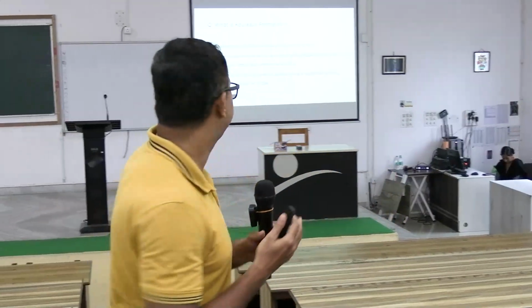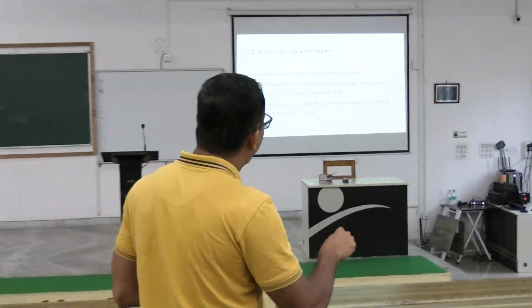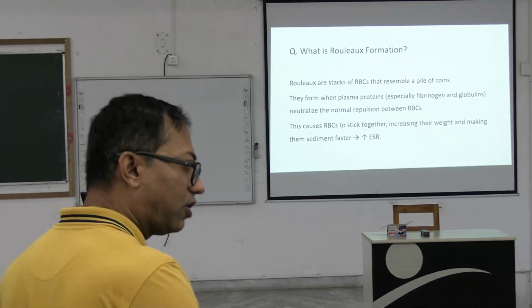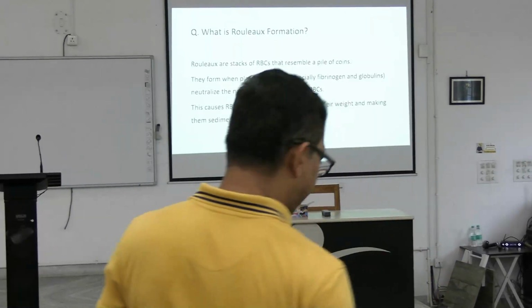Okay, right? So they form when the plasma proteins neutralize the normal repulsion of RBCs. RBCs এর normal repulsion টা যখন destroy হয়ে যায়, right?